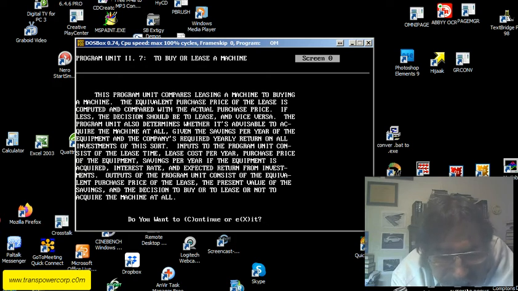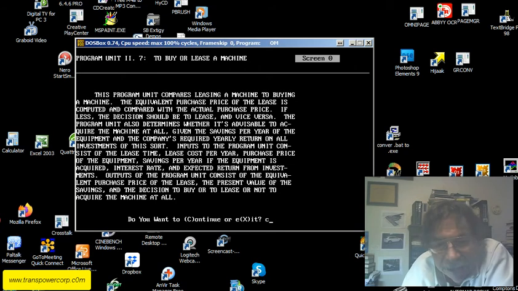Inputs to the program unit consist of the lease time, lease cost per year, purchase price of the equipment, savings per year if the equipment is acquired, interest rate, and expected return from investments. Outputs of the program unit consist of the equivalent purchase price of the lease, the present value of the savings, and the decision to buy or to lease or not to acquire the machine at all.